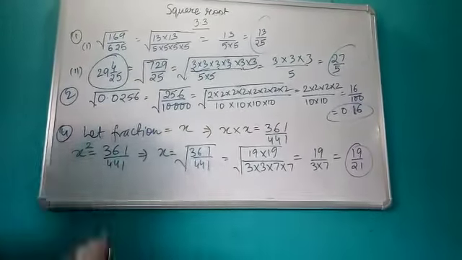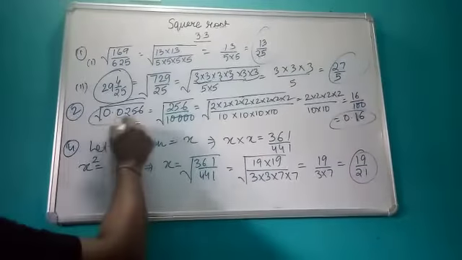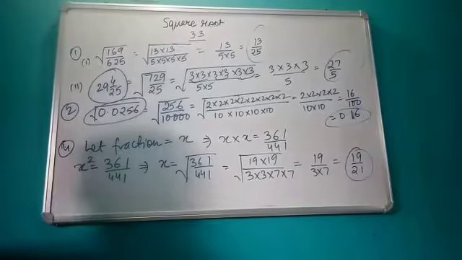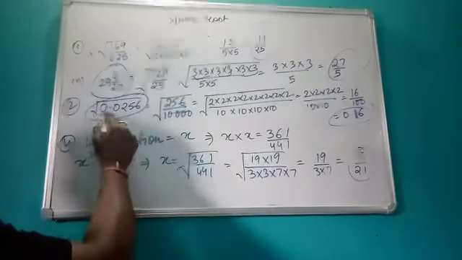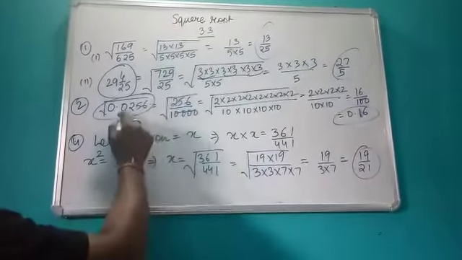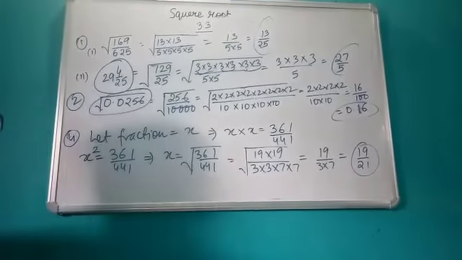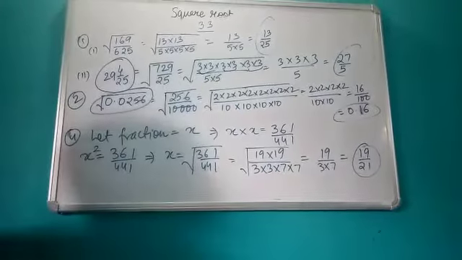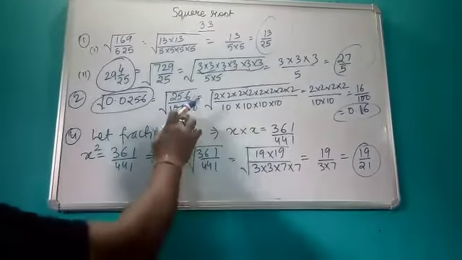Next is, if you wish to find the square root of a decimal number. So first you will remove the decimal like this. You already knew 1, 2, 3, 4 places were there. So in the denominator I have written 1 followed by 4 zeros, that is 10,000.